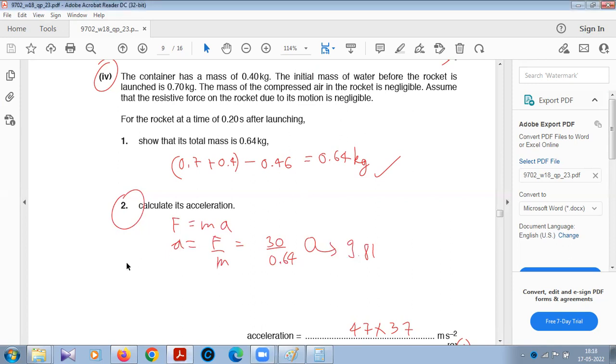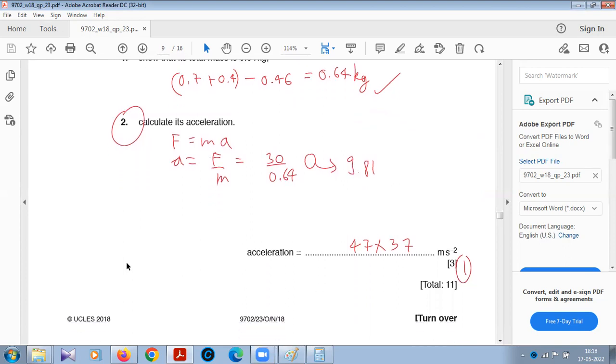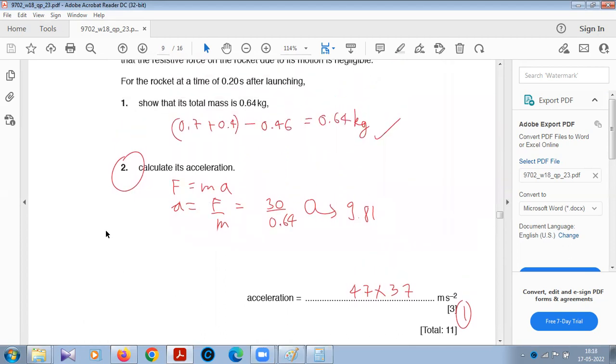Okay. So F is equal to ma, so a is equal to F by m. So what was the answer?